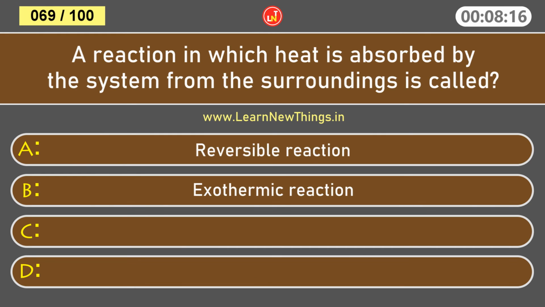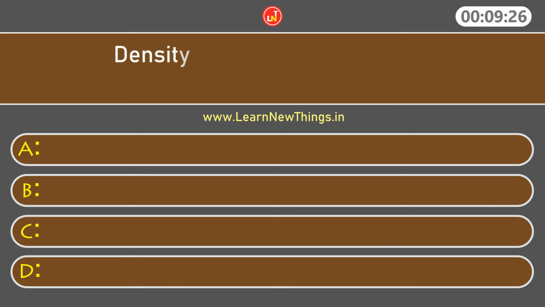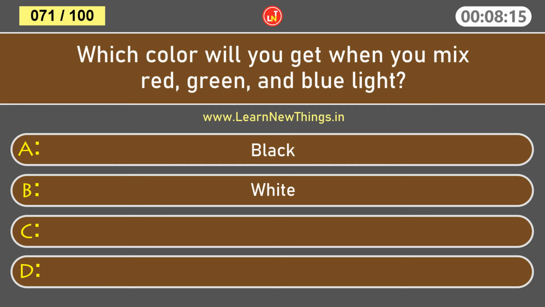A reaction in which heat is absorbed by the system from the surroundings is called endothermic reaction. Density is the ratio of the mass of an object to its dash. Volume. Which color will you get when you mix red, green and blue light? White.